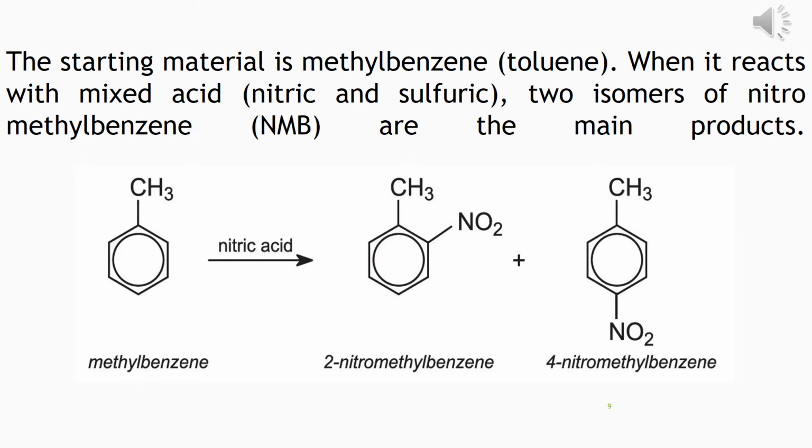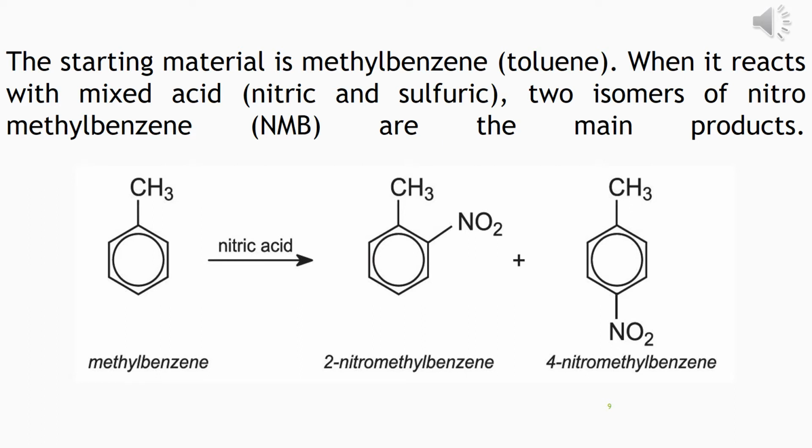How is the preparation of isocyanate initiated? It is initiated by the nitration of methylbenzene, or you can say the nitration of toluene. With the help of the two acids mixed together, nitric acid and sulfuric acid, two isomers of nitromethylbenzene, NMB, are the main products.